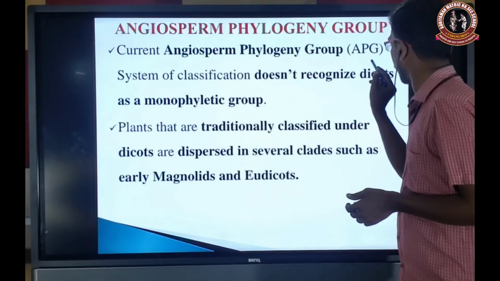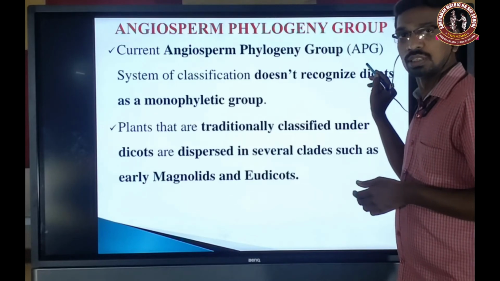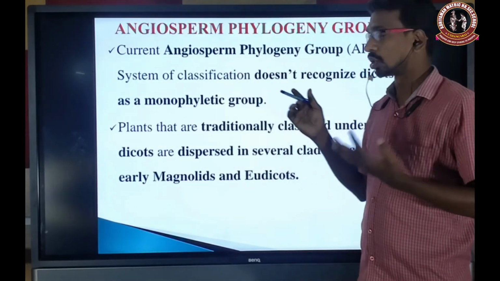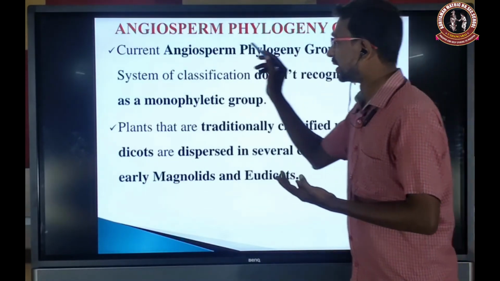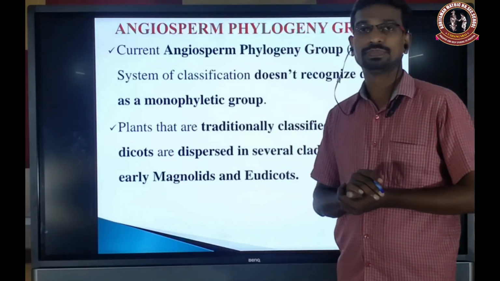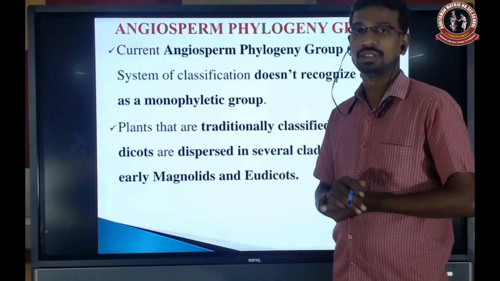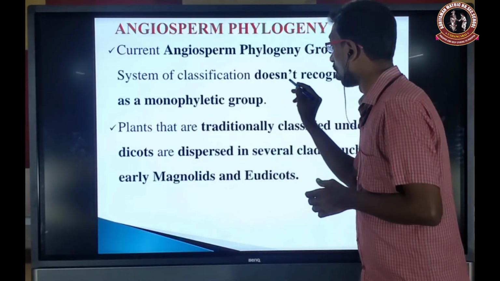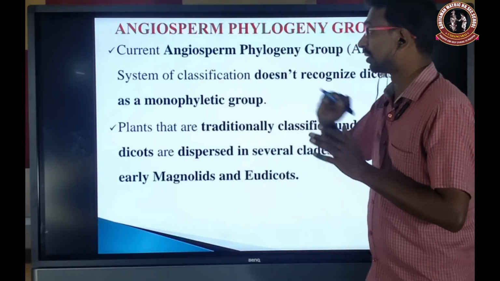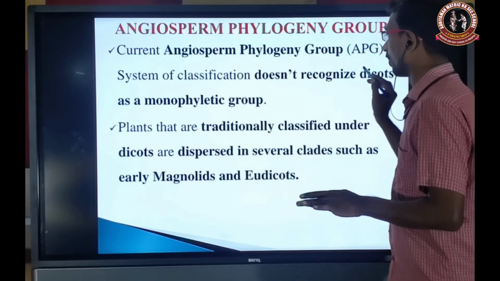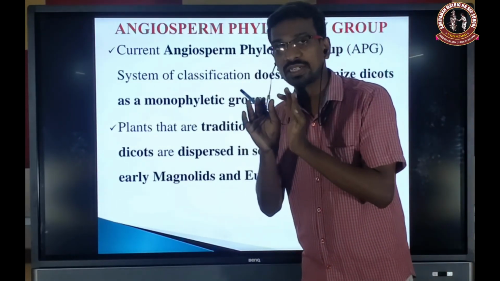Dicot plants comprise a number of families. If all the dicot plants came from a single origin, that would be monophyletic. The APG does not accept that all dicot plants come from a monophyletic group.